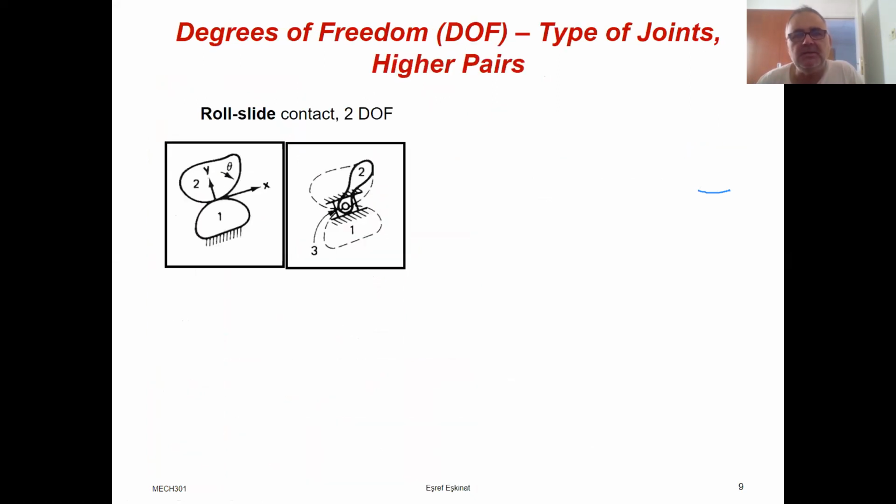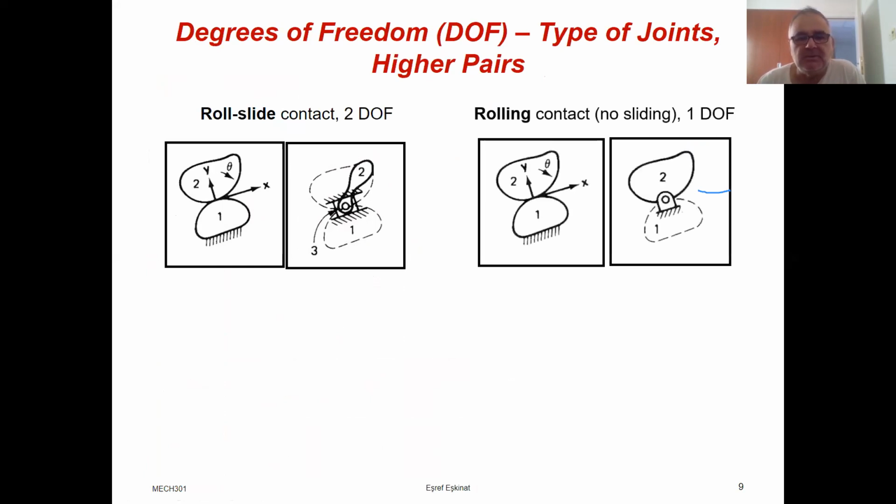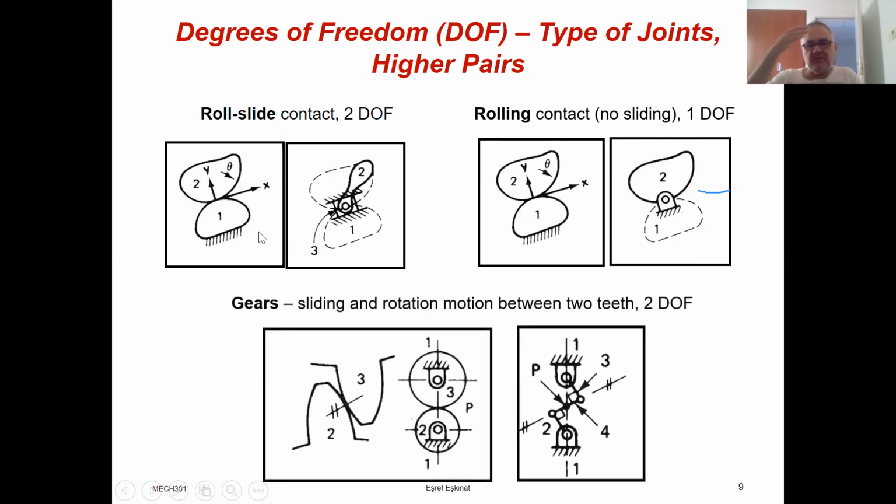The higher joints are rolling and sliding joints. This is a rolling contact with no slip, in which case the degree of freedom is 1. But if there is a rolling contact with slip, the degree of freedom is 2. Then there are the gears and the cams.